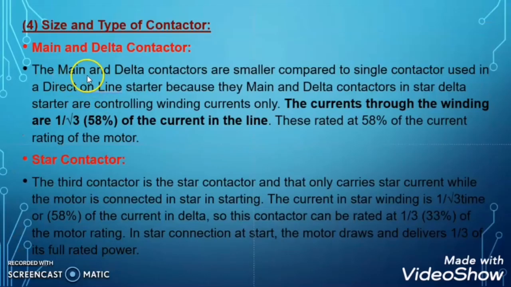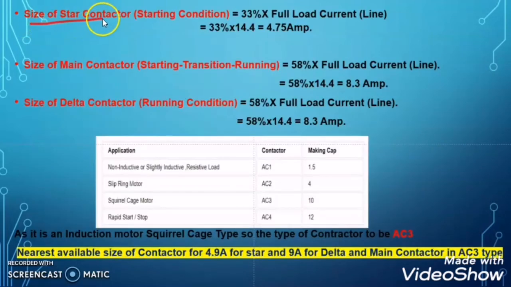As I told you, when the motor winding is in the delta connection, it will take 1 by root 3 times the full load current. So the sizing of the star contactor, which comes into the picture only at the starting condition: the phase current during star configuration is 1 by 3 times the full load current.